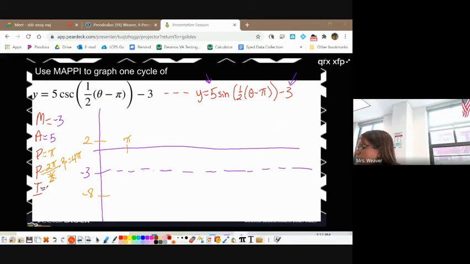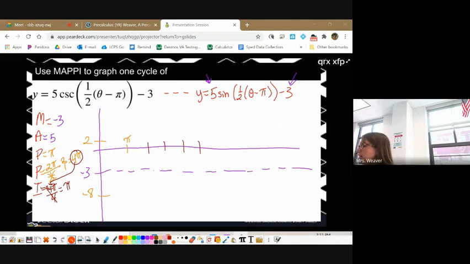To get the interval that we're going to count by, we're going to grab that period we just found. This is review for all of you that are still finishing up your test, right? We're going to do 4 pi divided by 4. 4/4 cancels. That gives me an interval of pi. I'm going to mark out 4 equally spaced points, 1, 2, 3, 4, and we're counting by pi.